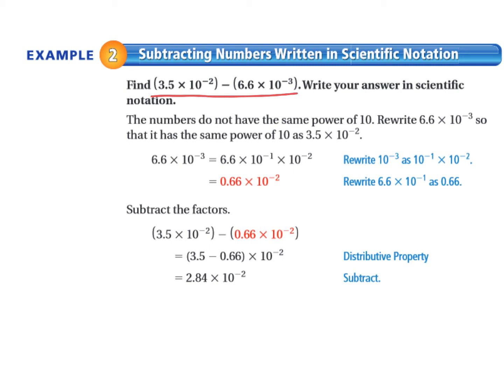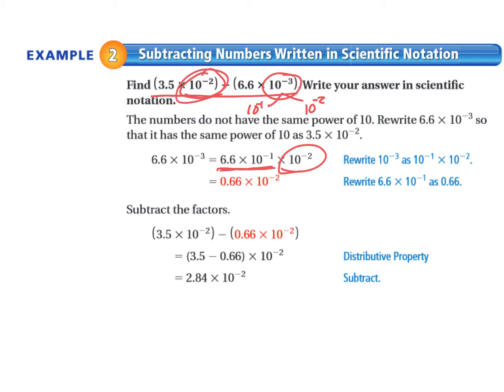This time, though, they do not have the same power of 10. So basically, we take this one and we divide it up into 10 to the power of negative 1, 10 to the power of negative 2. And we're going to keep the power of 10 to the negative second because that's what we have over here.